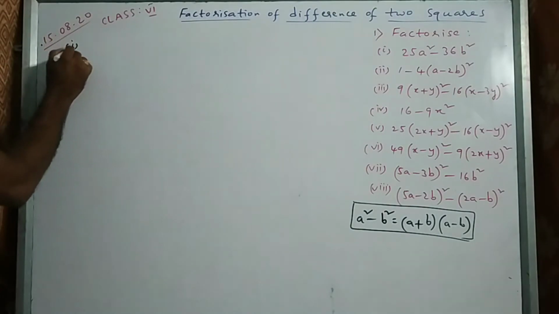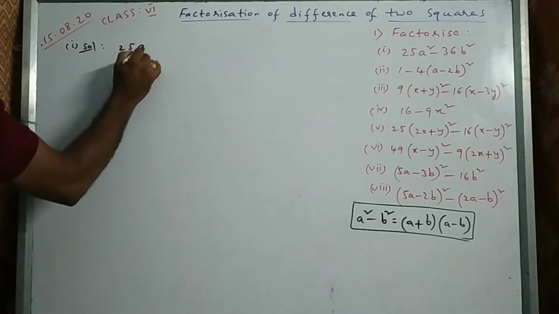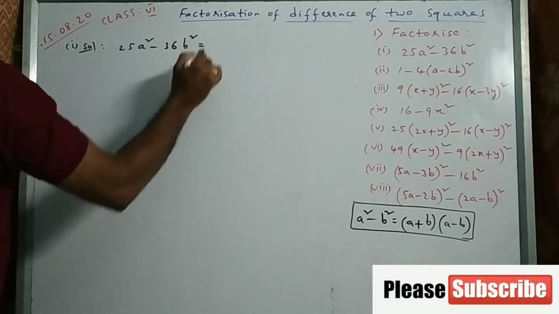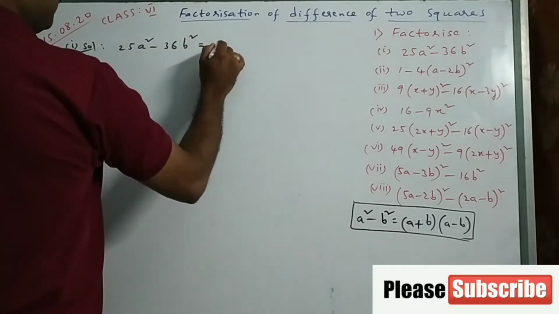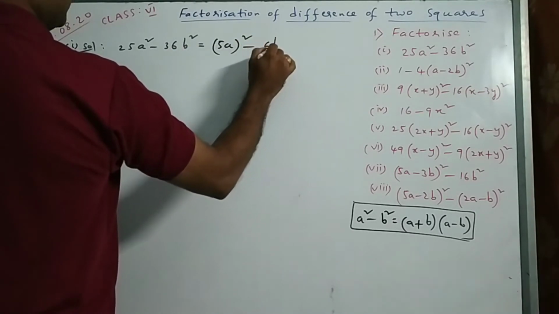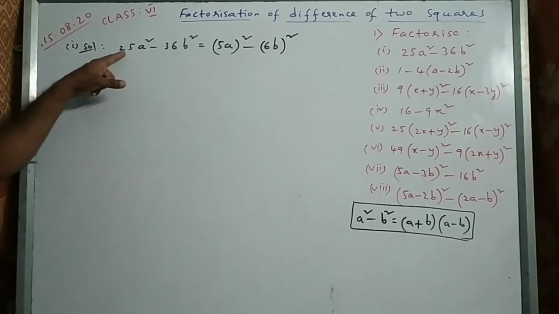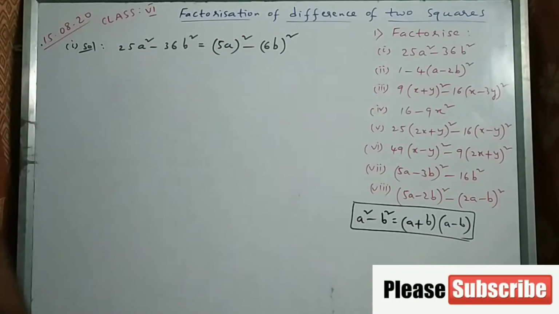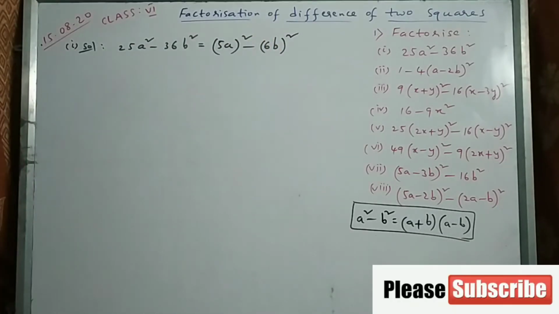See the first solution. Both must be perfect squares. You remember that point. 25a square, can I write 5a whole square? 36b square, 6b whole square. Is that clear? 25a square can be written as 5a whole square, right? 36b square can be written as 6b whole square.